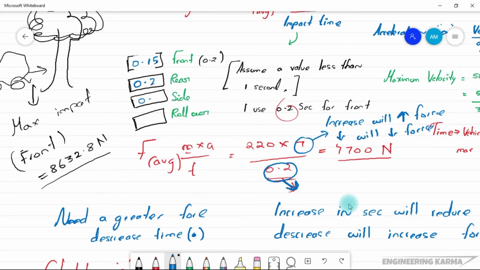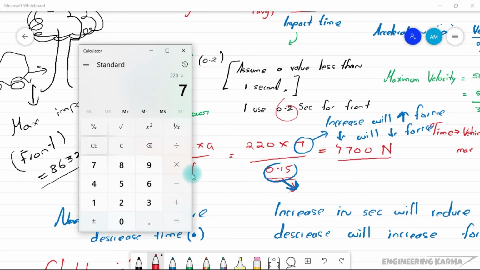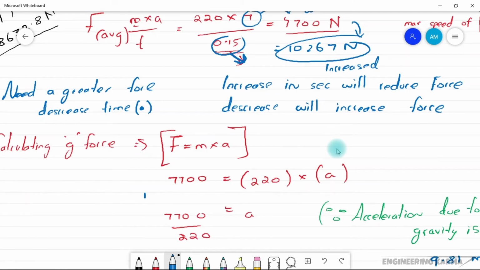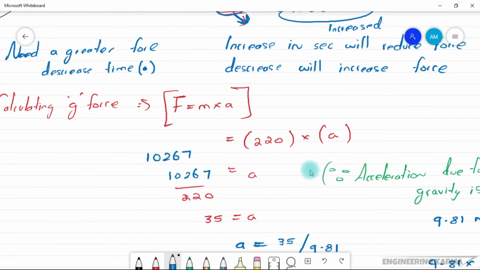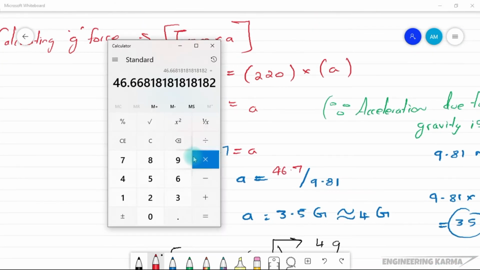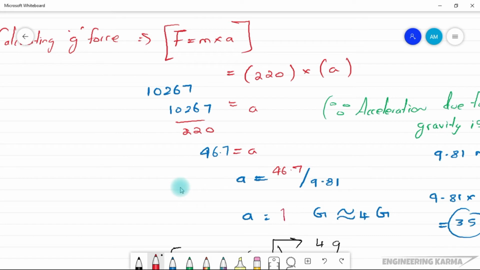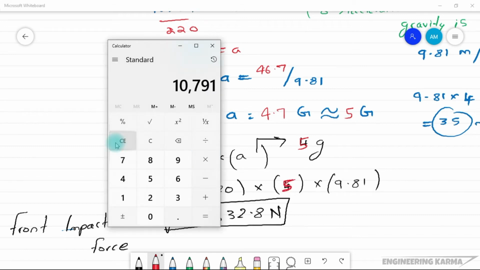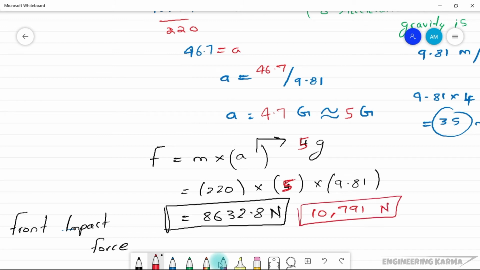Reducing the impact time to 0.15 second caused the impact force to increase. Choose a good impact time.